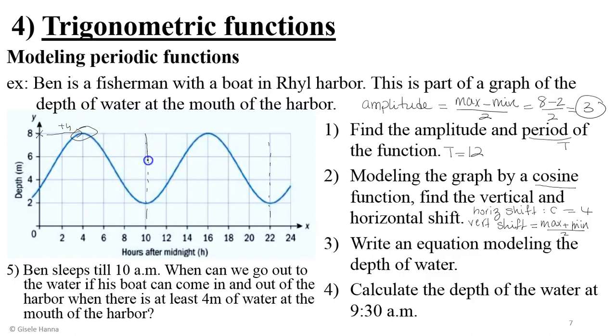If the range of the function is all of that interval, we're trying to locate the center. According to the midpoint formula, it's the sum of the bounds of the interval divided by 2, which in this case is 8 plus 2 over 2, which is 5. So the vertical shift is 5.